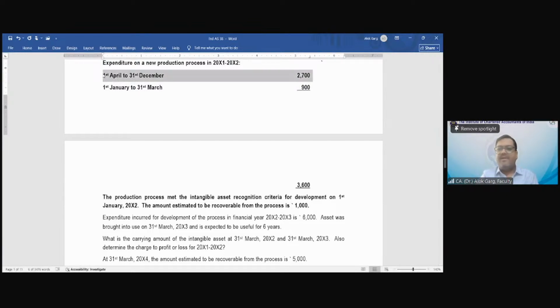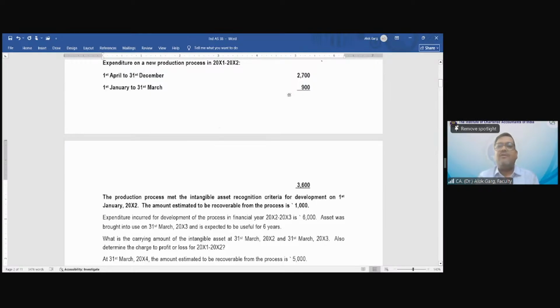So 2700 is required to be expensed off in the P&L because the development criteria was met on 1st January 20x2. And the amount estimated to be recoverable from the process is 1000.